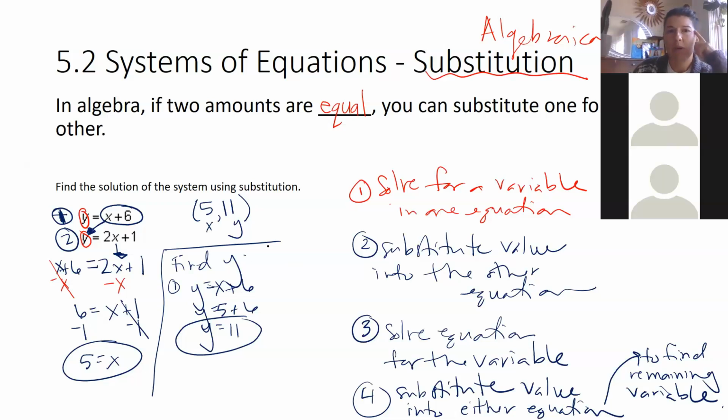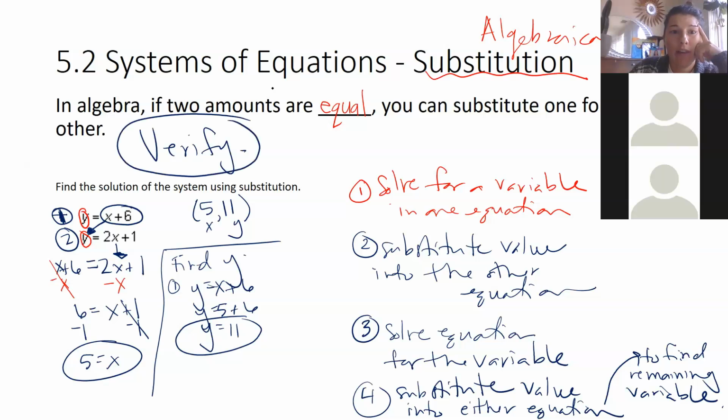So question on this one. What if you were asked to verify algebraically that 5, 11 is the solution to this system?